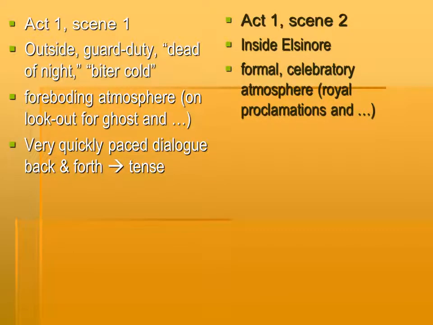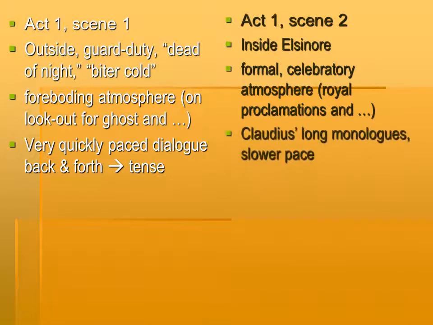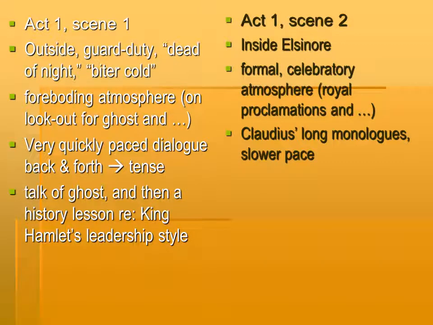In Act 1, Scene 1, the dialogue is very quick paced, back and forth, creating some tension. Act 1, Scene 2, especially the beginning of it, is Claudius's long speech to the court, a much slower pace. In terms of topics covered, a lot of Act 1, Scene 1 will cover the ghost, this mysterious appearance.